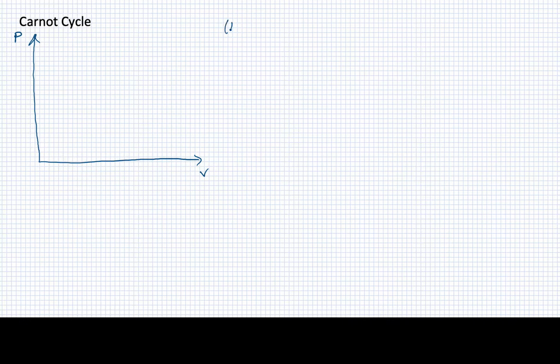So the first step in the Carnot cycle is to do an isothermal expansion, and this will take us from our initial point P1 V1 to a new point P2 V2 at a temperature which I'll call T high. Alright, so let's draw it up here on the diagram. I'm going to put it way up here.